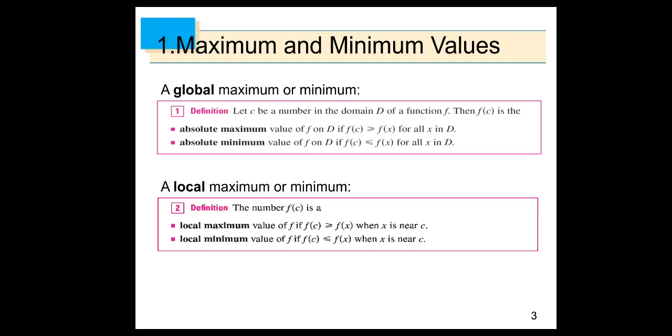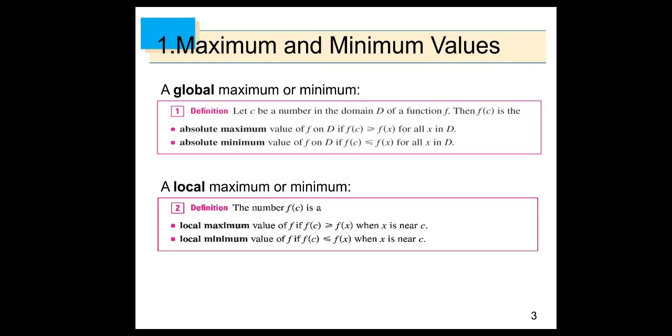Okay, now we move to the local maximum or minimum. The concept is slightly different over here. When we talk about the local maximum or minimum, it includes a particular interval or a small region in a graph, right? In the definition it says the number f of c is a local maximum value if f of c is greater than or equal to f of x when x is near c.